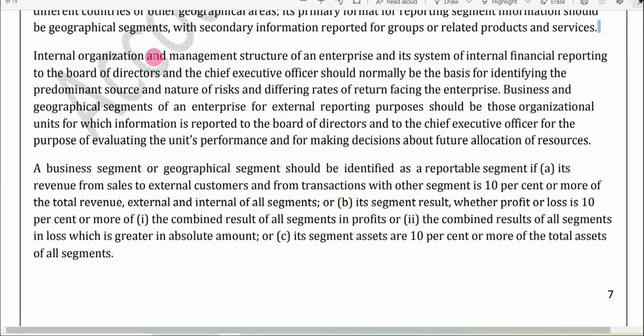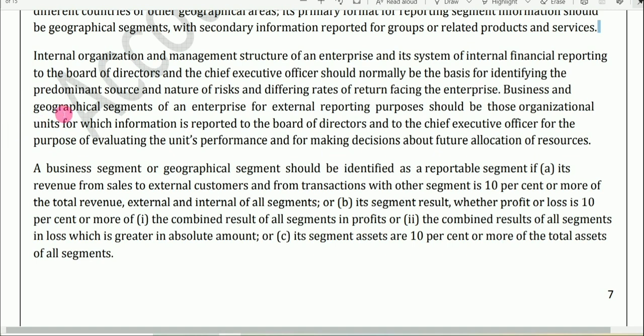The internal organization and management structure of an enterprise and its system of internal financial reporting to the board of directors and the chief executive officer should normally be the basis for identifying the predominant source and nature of risks and differing rates of return facing the enterprise.